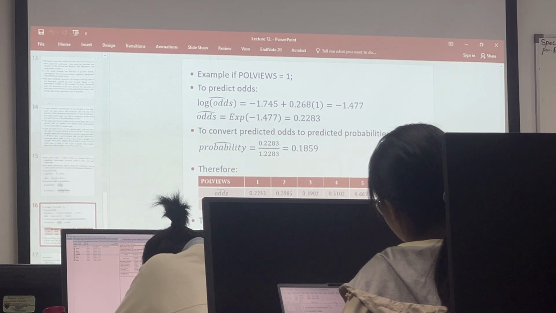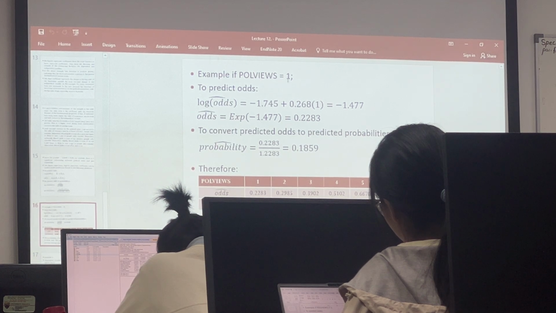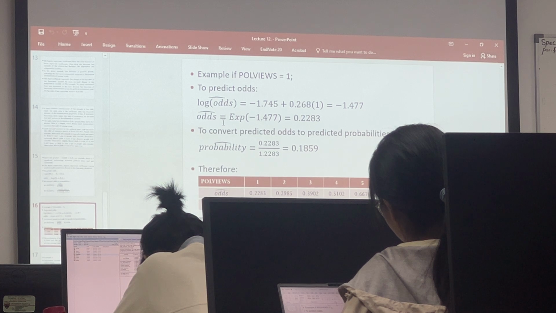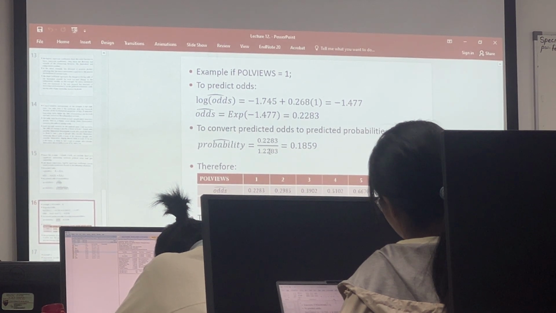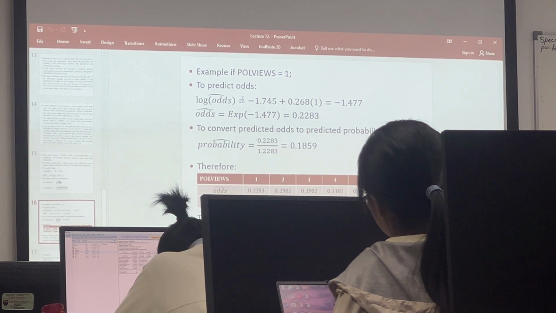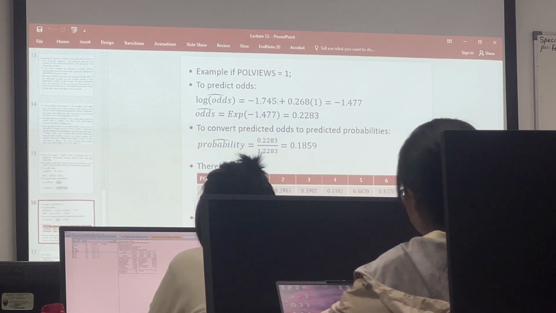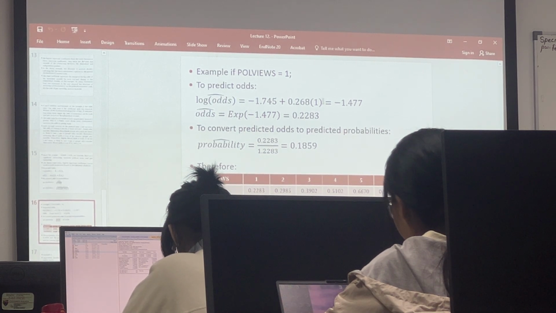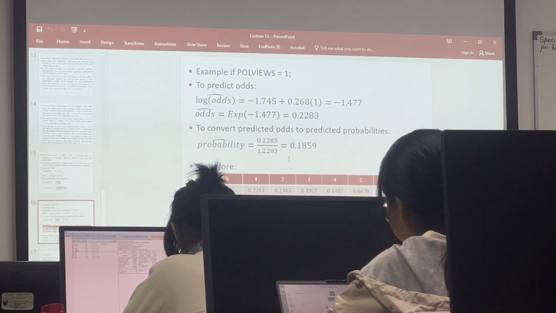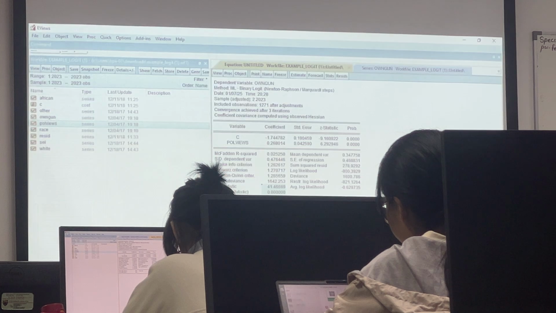So you want to know, for any person who is extremely liberal, what are their odds of owning a gun, and from there you can calculate the probability. What is the probability of that person owning a gun? You first need to calculate the fitted value when the political view variable equals 1, based on the estimated model that we have just now.